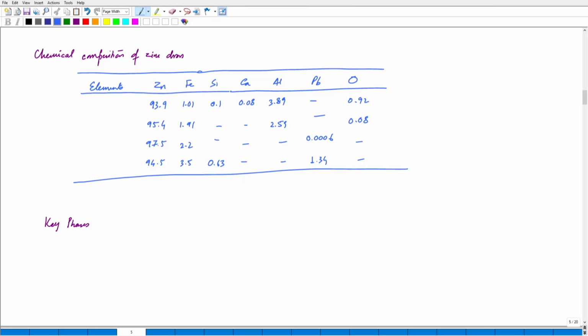And of course, we will just mention some of the differences.